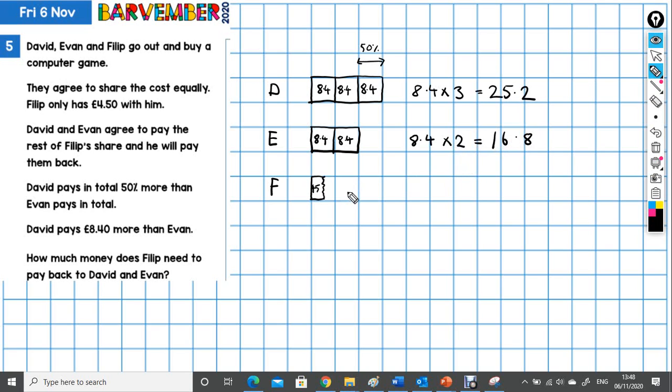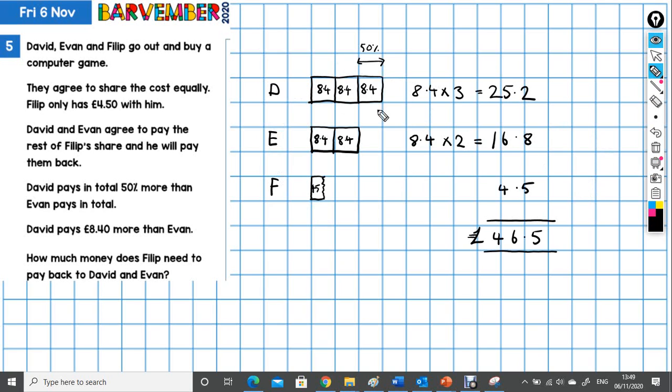And there's the £4.50. If we add all of that up, we get 46.5. So this is how much the computer game cost, the value of the whole model.